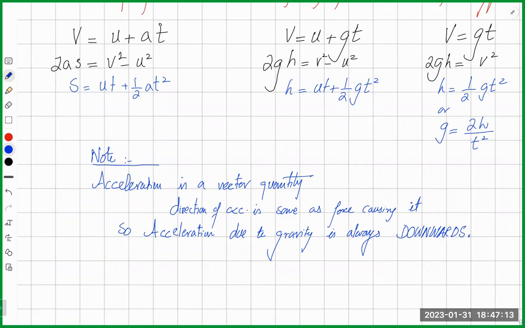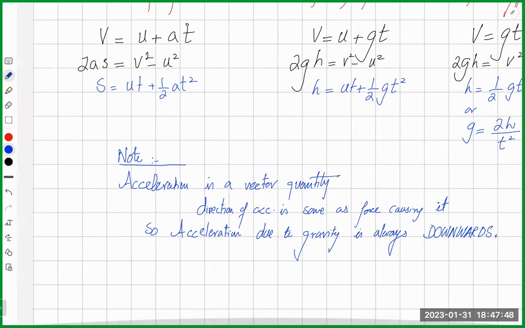So there is no hard and fast rule that acceleration due to gravity is positive or negative. Most students struggle with this. One thing that you have to understand is that acceleration due to gravity is neither positive nor negative. It is just downward. We will be making some graphs and this will make more sense then.